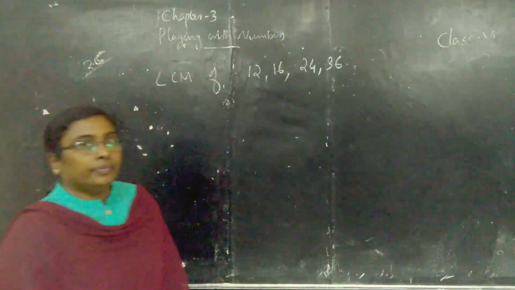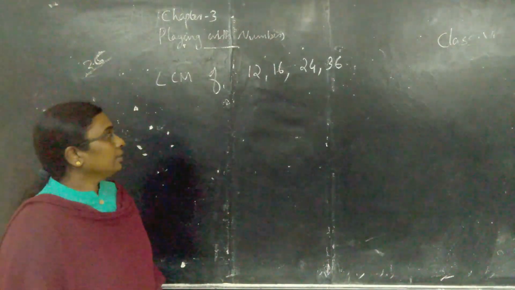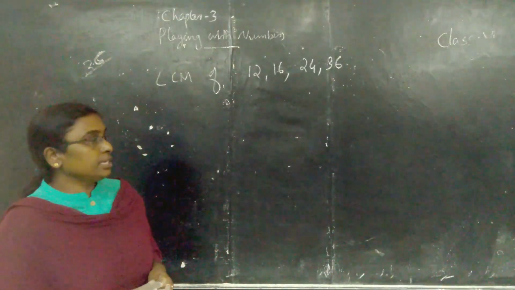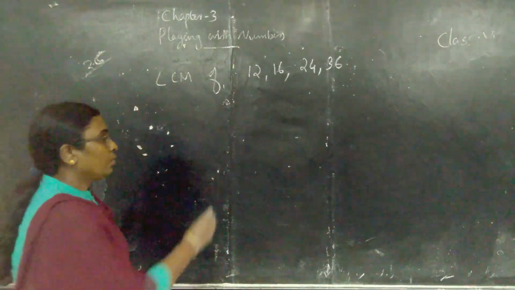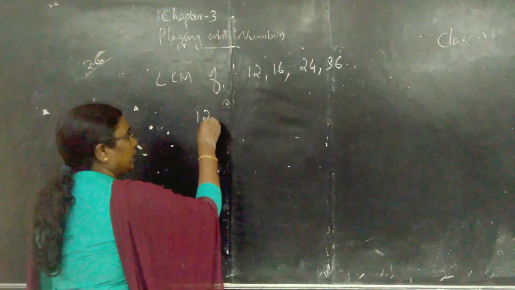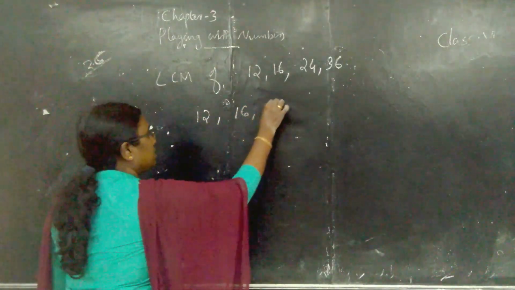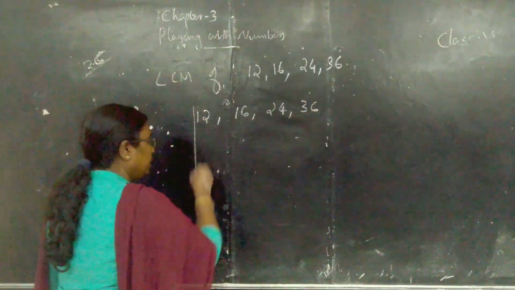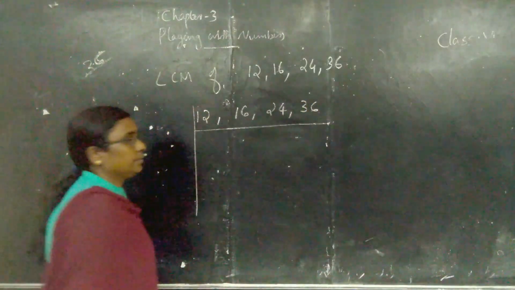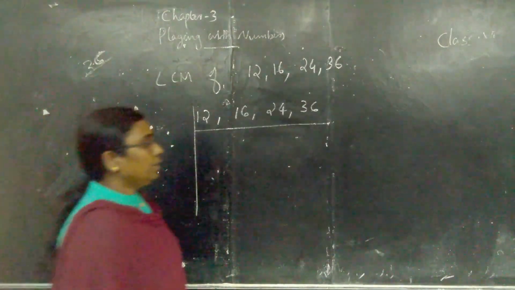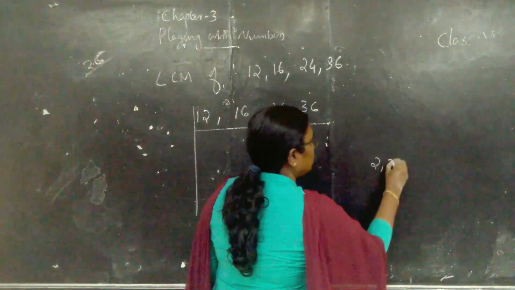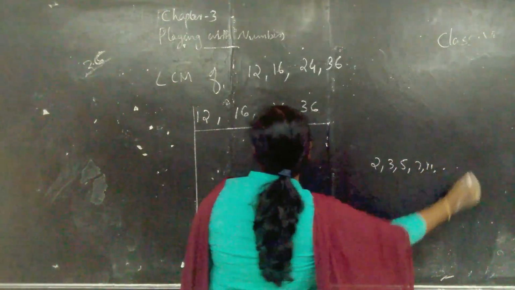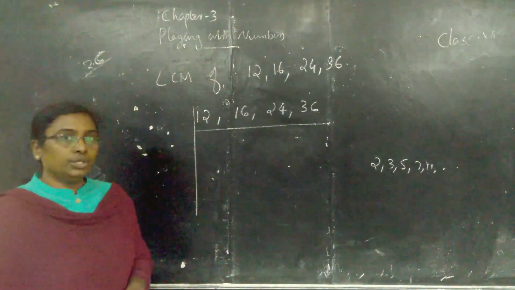The next question, see one more example. Find the LCM of 12, 16, 24, 36. For that, first we write these numbers in a row: 12, 16, 24 and 36. Then you know the prime numbers: 2, 3, 5, 7, 11, etc. The least prime number is 2.